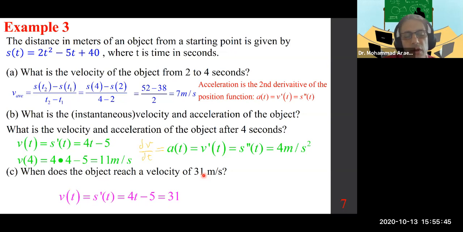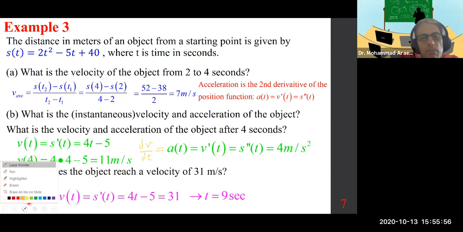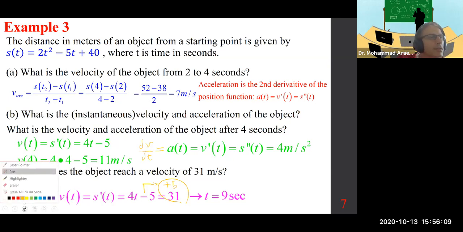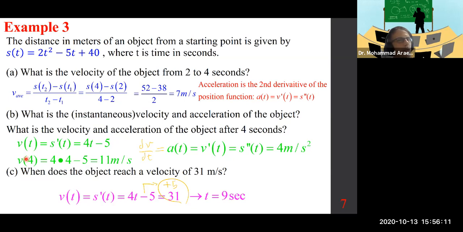Move the negative 5, it becomes positive. 31 plus 5 is 36, divided by 4 is 9 seconds. I hope everybody is comfortable with that.